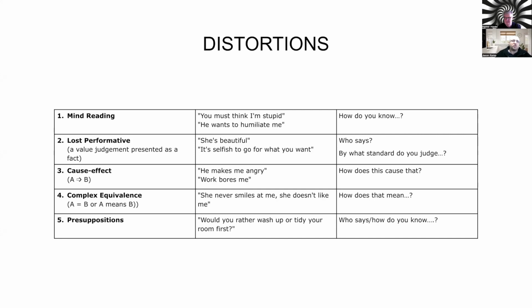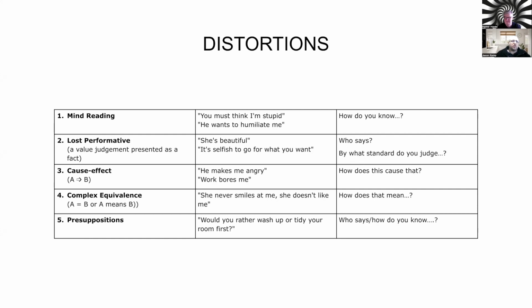On the screen in front of you, the column on the left is the title, the one in the middle is an example of a violation, and the one on the right hand side is a challenge to find out how they know and how to get the additional information from that communication. So you must think I'm stupid, and the challenge would be, how do you know?